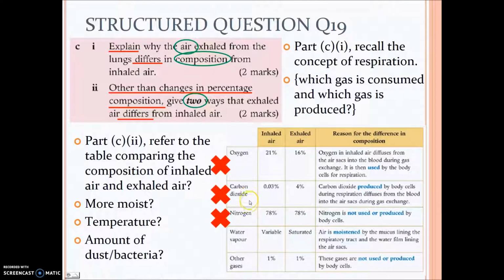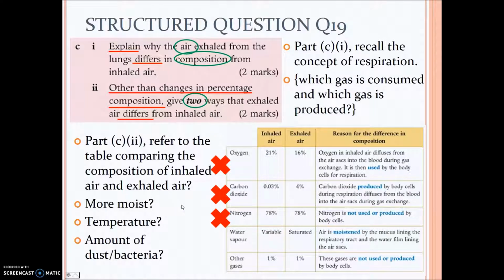For example, oxygen, carbon dioxide, nitrogen, and other gases, especially nitrogen and other gases, because their percentage does not change, so actually you have nothing to say for nitrogen and the other gases. But for water vapor, you can mention it. So I give you some hints. Exhaled air or inhaled air, which one is more moist? And for temperature, which one is warmer? And which one contains a larger amount of dust or bacteria? So those are the hints for you.